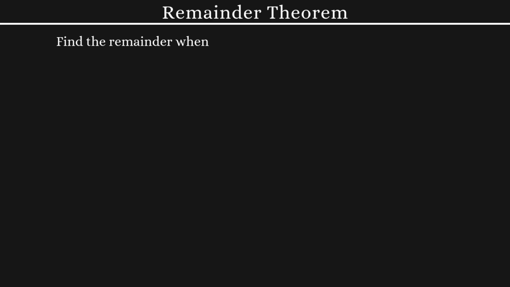Find the remainder when x cube minus 3x squared plus 4x minus 12 is divided by x minus 4. Let's do it using remainder theorem and verify using long division.